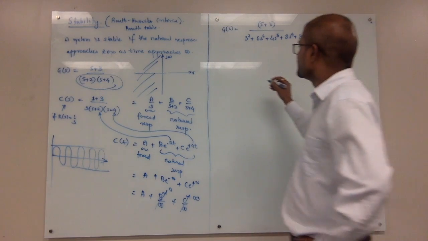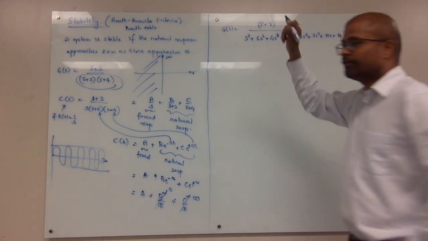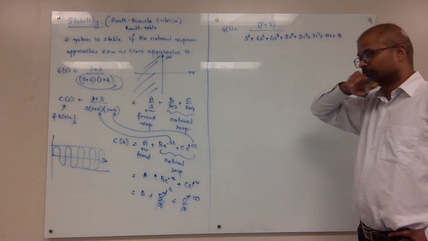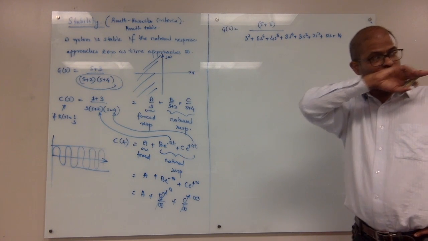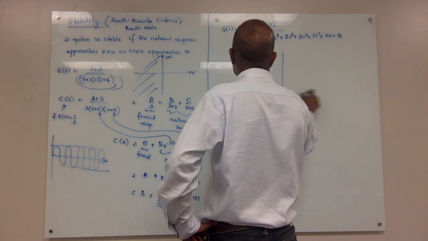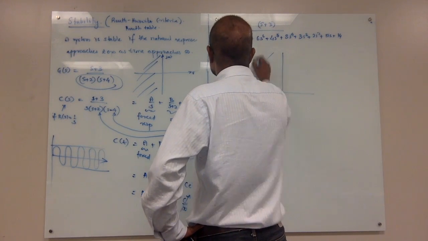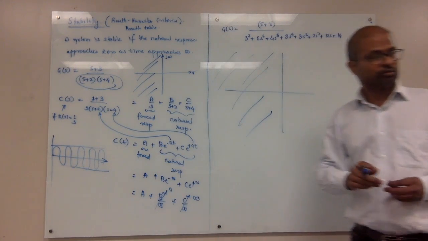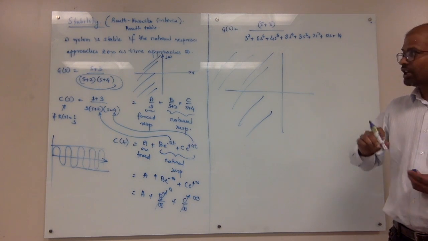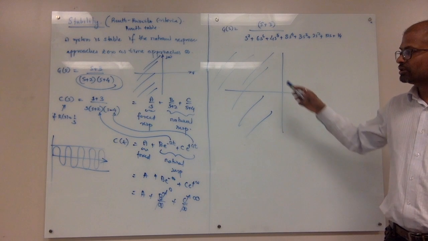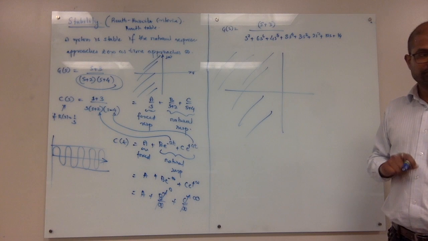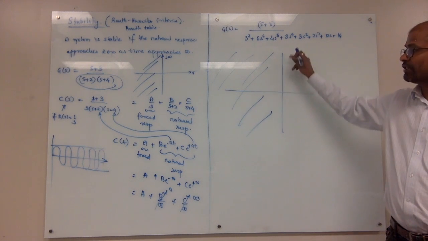How many roots will this denominator have? 7, right? All 7 have to be in the left half plane for the system to be stable. Regardless of how many, what is the order of this system? 7th order, so there are 7 roots.